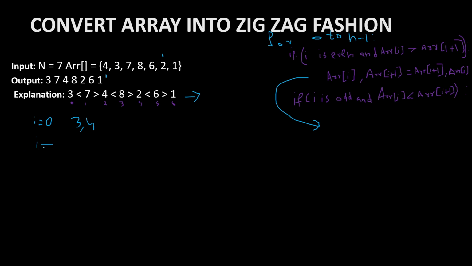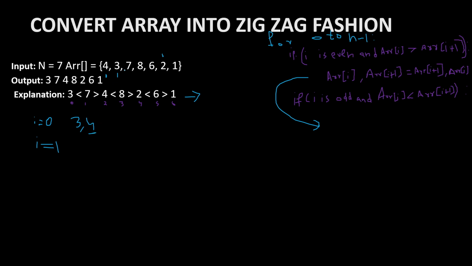Now i becomes 1. Now i is 1, which is odd. In odd, the right side value should be greater. Remember, we replaced this position with 4, so we will be checking from below.